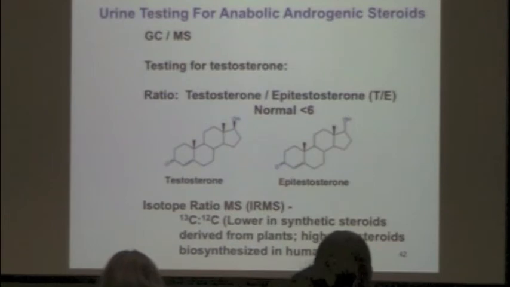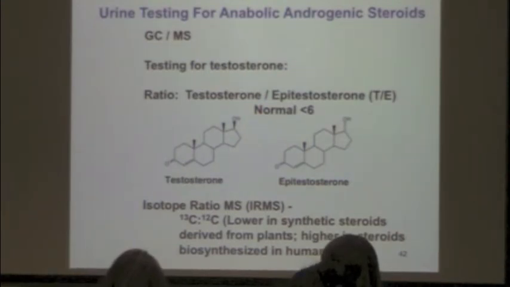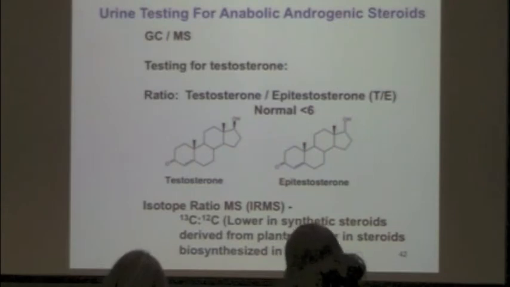So think, for example, of the problem. Suppose an athlete takes testosterone. How do you distinguish that testosterone, which is exogenous, from testosterone that's made in the body?